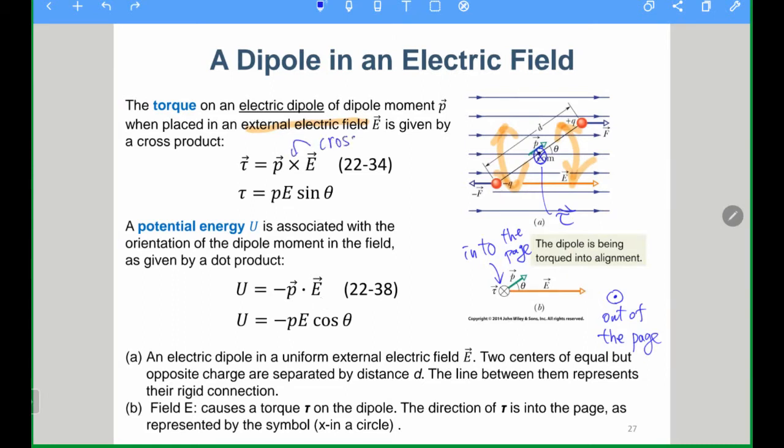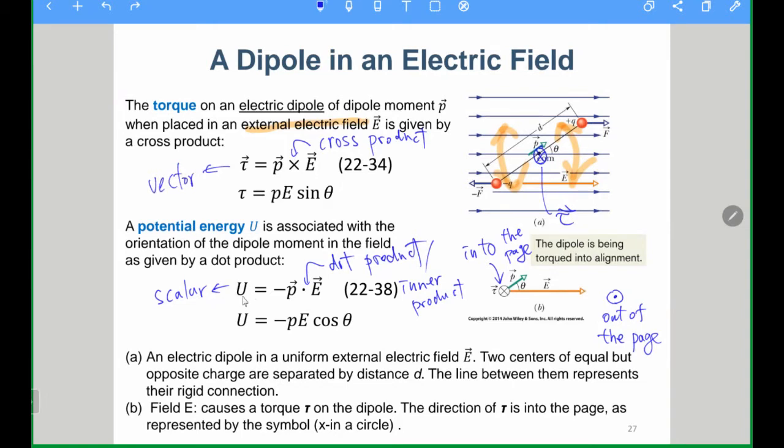The dot product, or inner product, depending on what you call it, of two vectors turns out to be a scalar. For the cross product, the output should still be a vector.